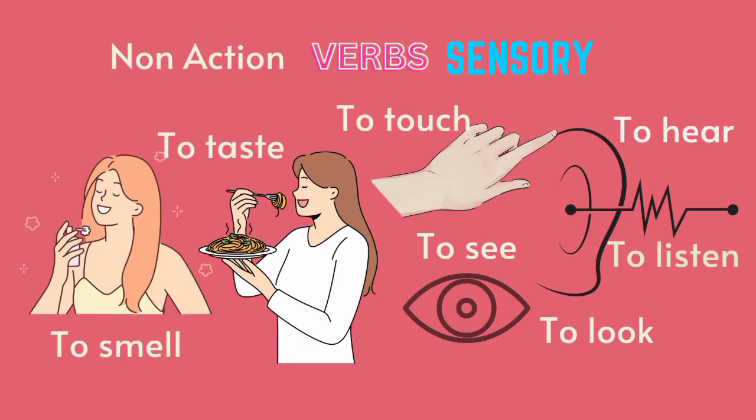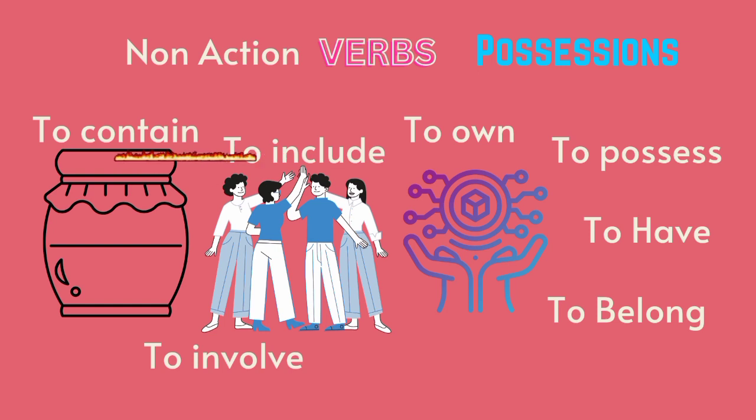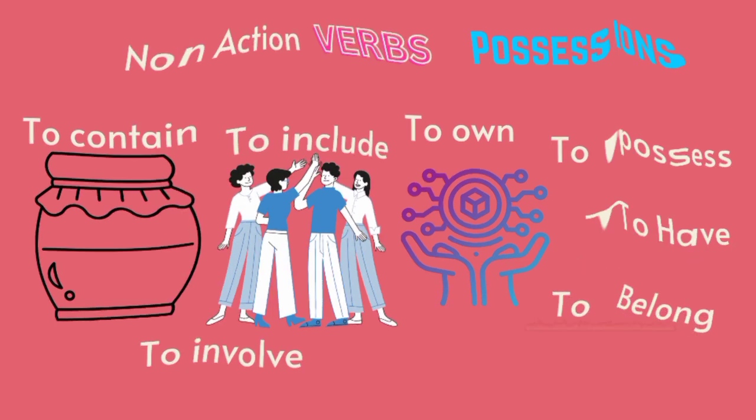Verbs which are related to sensations: to smell, to taste, to touch, to see, to look, to listen, and to hear. Some other non-action verbs are to contain, to involve, to include, to own, to possess, to have, to belong.